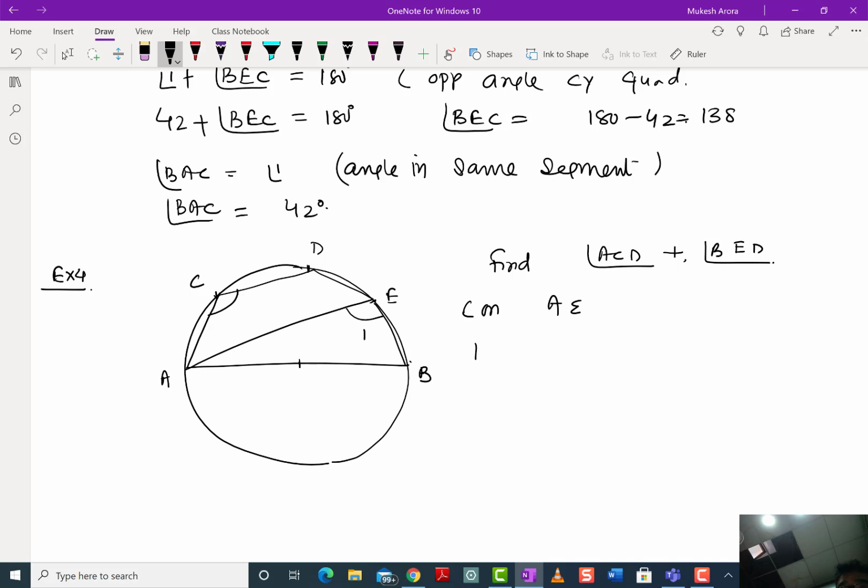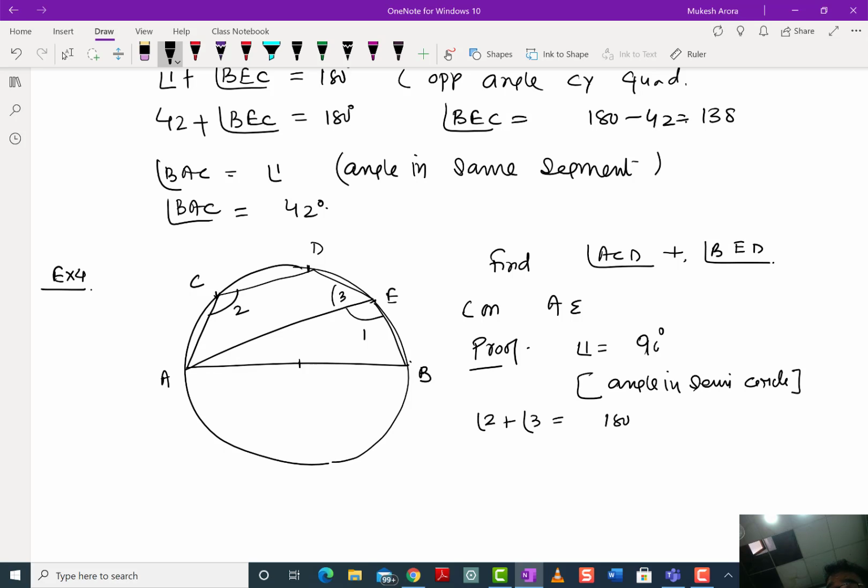Solution: angle 1 is equal to 90 degrees, angle in a semicircle. Angle 2 plus angle 3 is equal to 180, opposite angles of a cyclic quadrilateral.